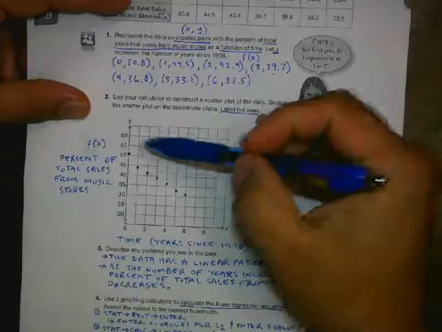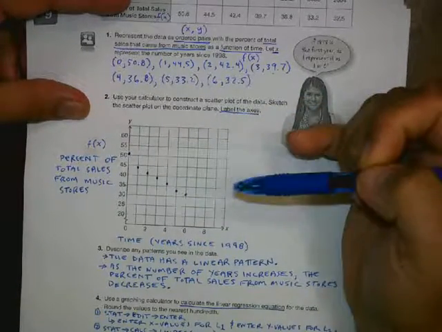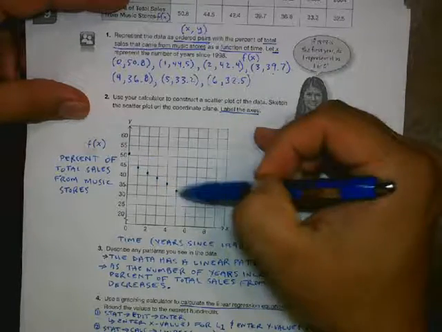Let's take a look at the next part. Number 10, do you think a prediction made using interpolation will always be close to the actual value? They want us to explain our reasoning. Oh, well, let's take a look at this graph real quick. What if the data points were scattered all up and down, really odd, and they weren't nicely aligned such as this?